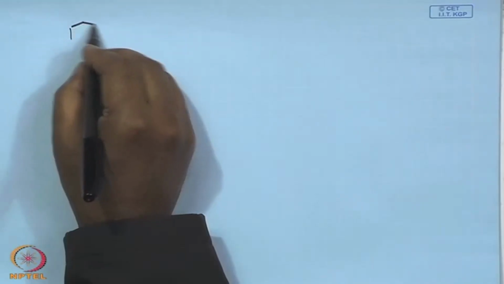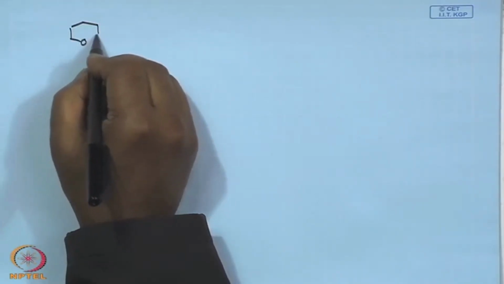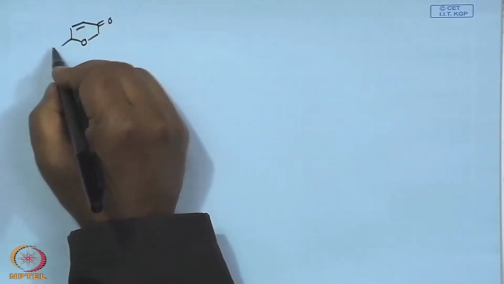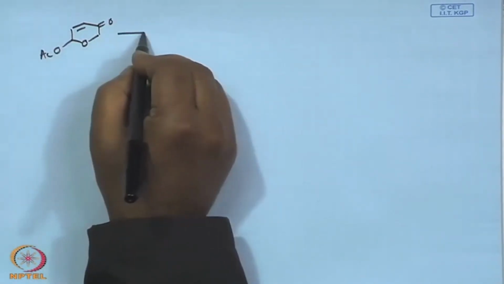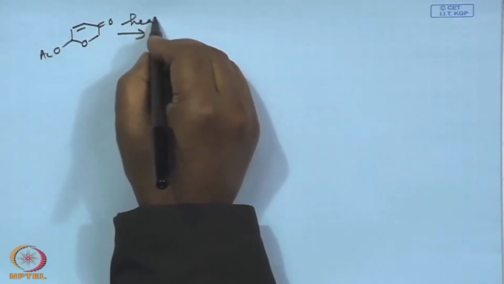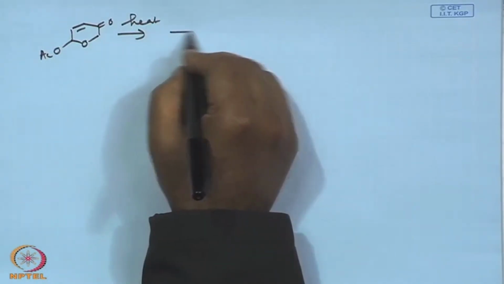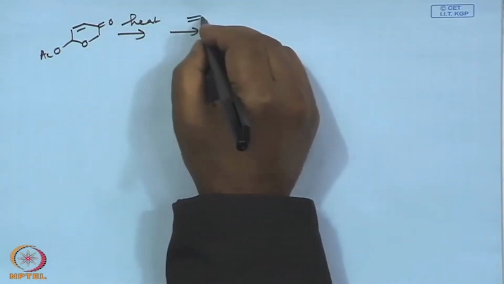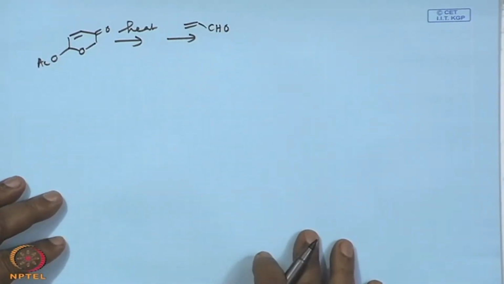Okay. Let us look at one more example. Under the same conditions, or rather very similar conditions I should say, if you take this acetoxypyrone and simply heat it in the presence of a little excess of acrolein, what do you expect?